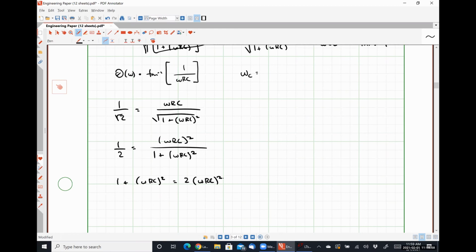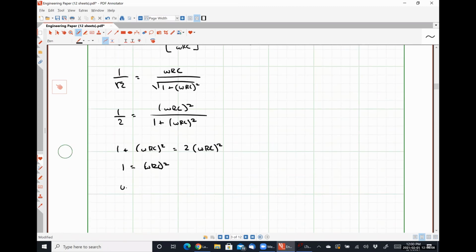If we subtract (omega RC) squared from both sides, we get 1 is equal to (omega RC) squared, which means that omega is 1 over RC and F is 1 over 2 pi RC. So we have the exact same cutoff frequency for our high pass filter and our low pass filter.